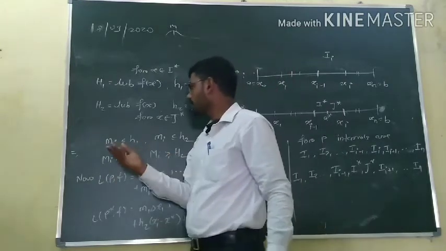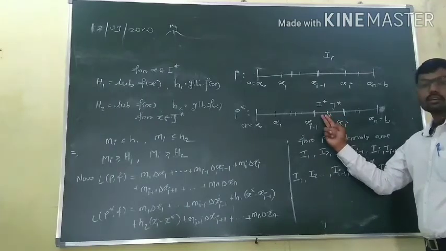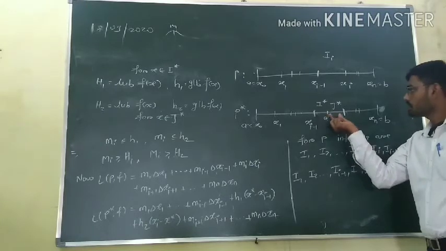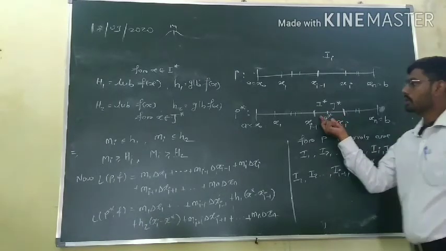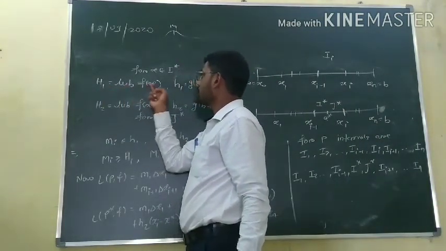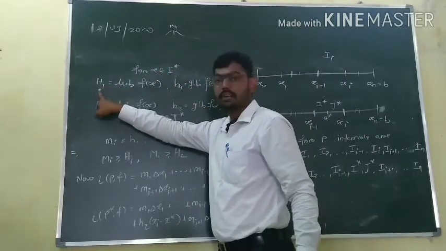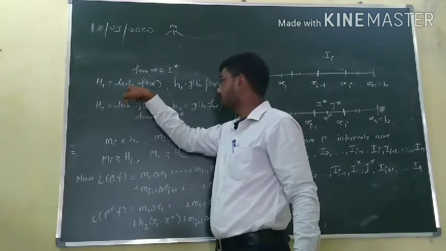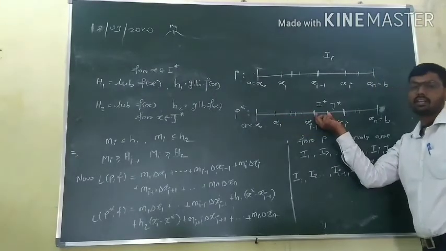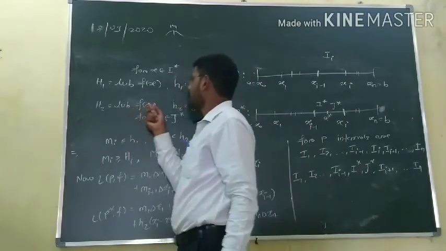Before that, we will give some notation to the minimum and maximum values of the function corresponding to these new subintervals. We write capital H1 for the least upper bound of the function when x belongs to I star. We note capital H1 as the upper bound, the maximum value of the function in the I star interval, and H2 as the maximum value of the function in J star.